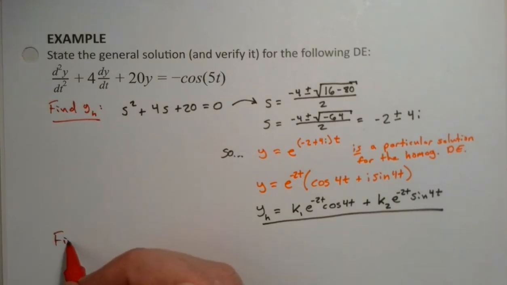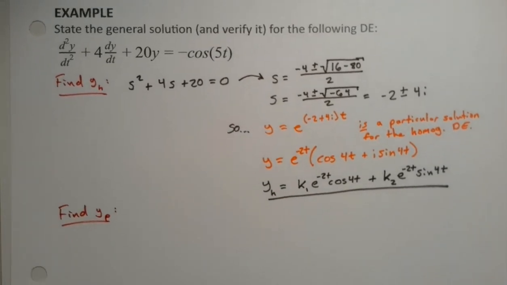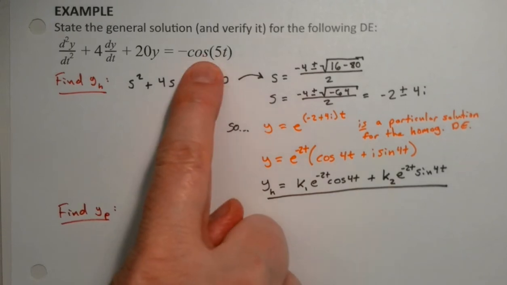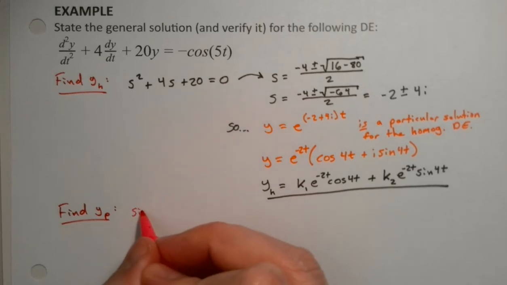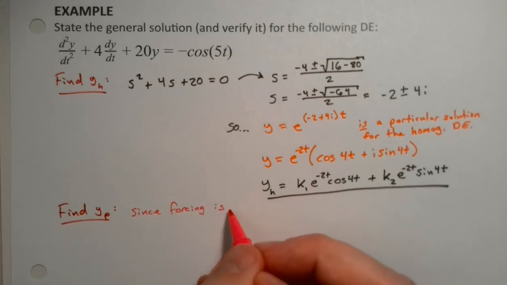But now we have to find our particular solution. And we're going to do that by complexifying our original equation, right? And so which part do we care about? Well, as we've mentioned before, since this thing has a cosine involved, we only care about the real part, since the forcing function is cosine.